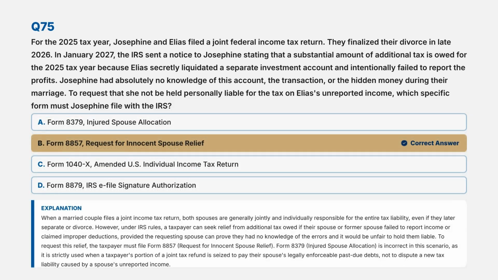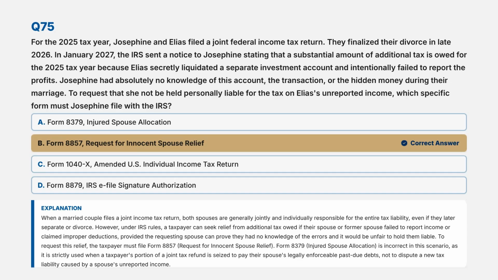The correct answer is B. Form 8857, Request for Innocent Spouse Relief. When a married couple files a joint income tax return, both spouses are generally jointly and individually responsible for the entire tax liability, even if they later separate or divorce.